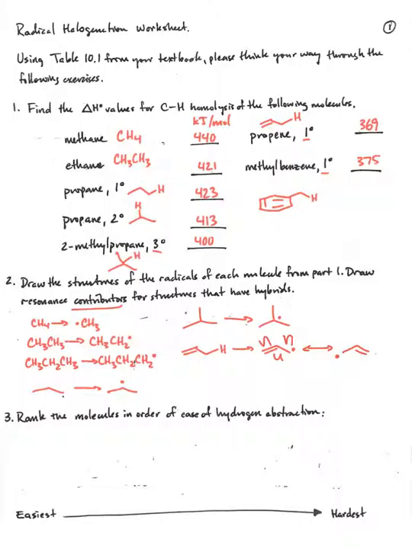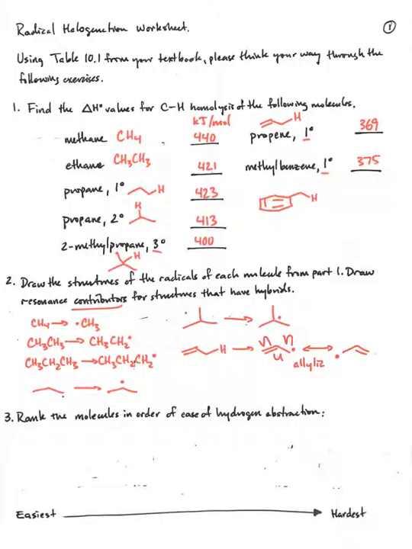The allylic radical is another name for this, allylic system. It has resonance forms, which is one reason why the bond dissociation energy is so much lower for this primary hydrogen than the other systems.